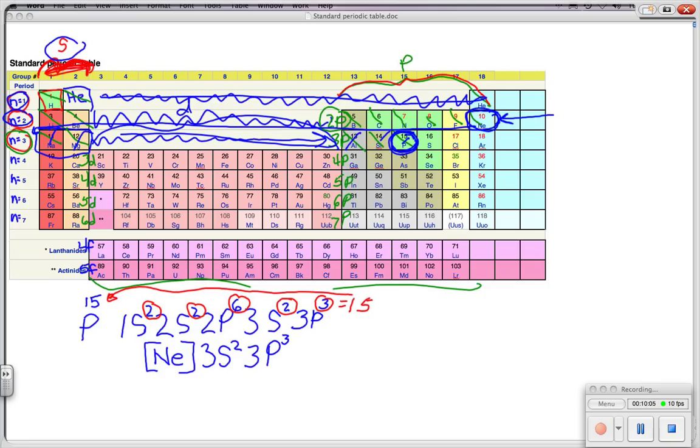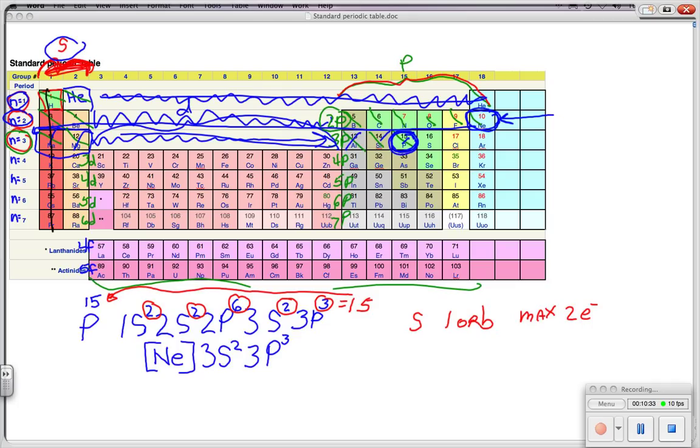The S, I'll write it down here. S sublevel has one orbital. And every orbital can have a maximum of 2 electrons. Maximum of 2 electrons. Okay, so with one orbital I'm going to get 2 electrons in it. So that counts.